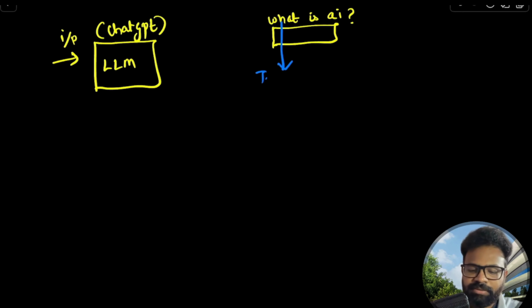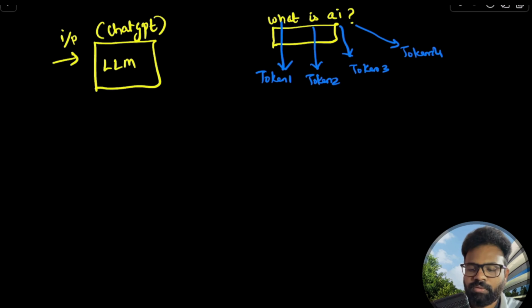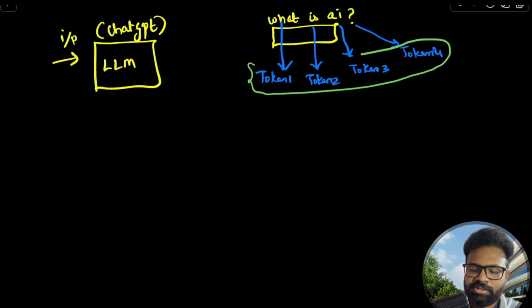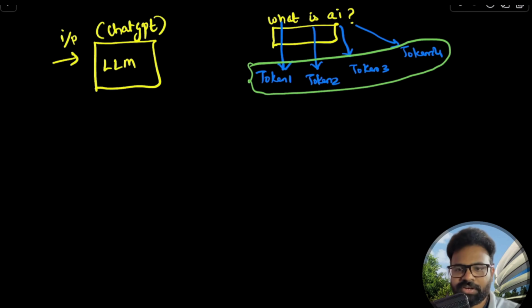Say for example this is token 1, this is token 2, this will be token 3, this will be token 4. All these individual characters or individual words are converted into individual tokens.